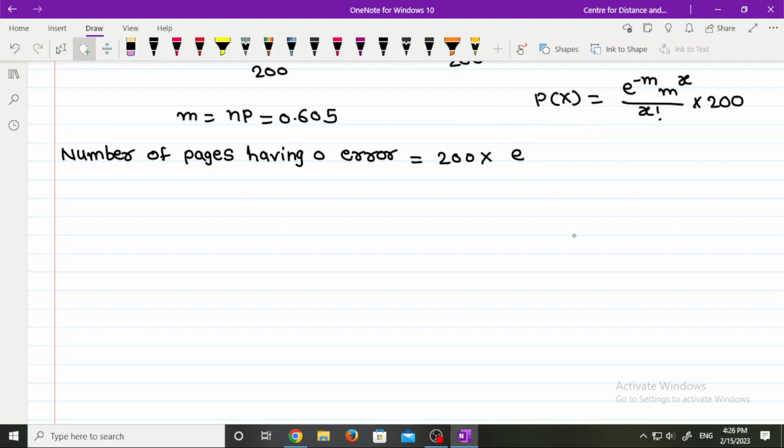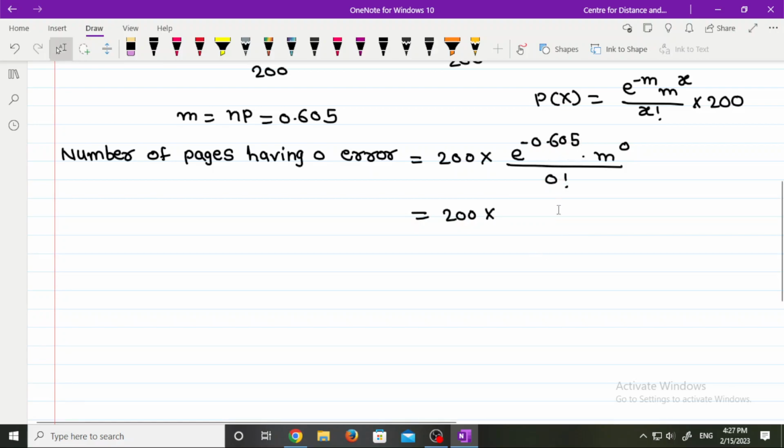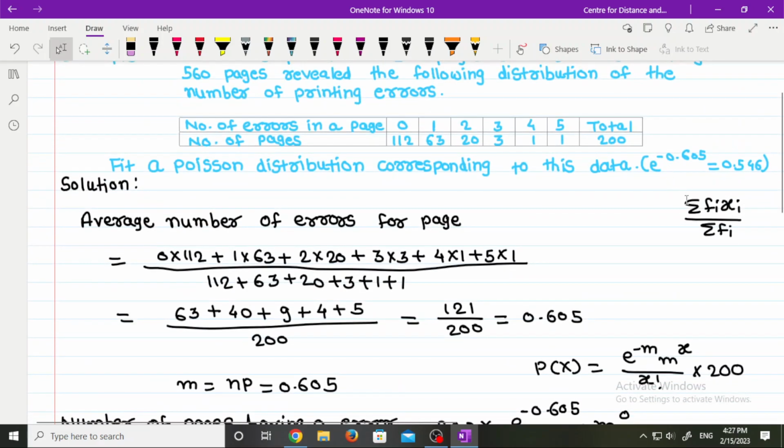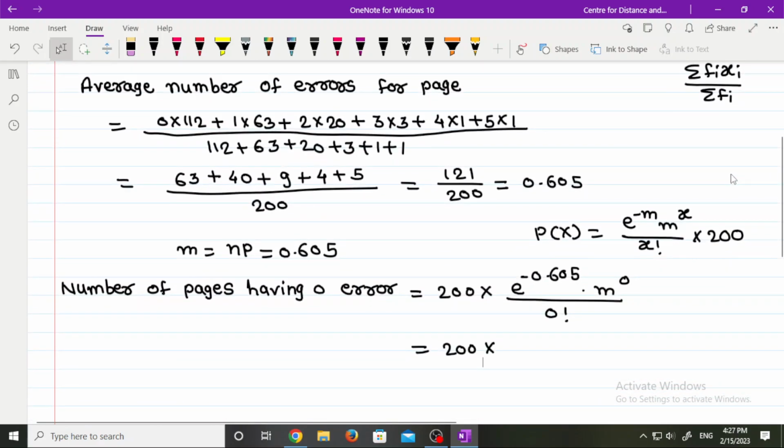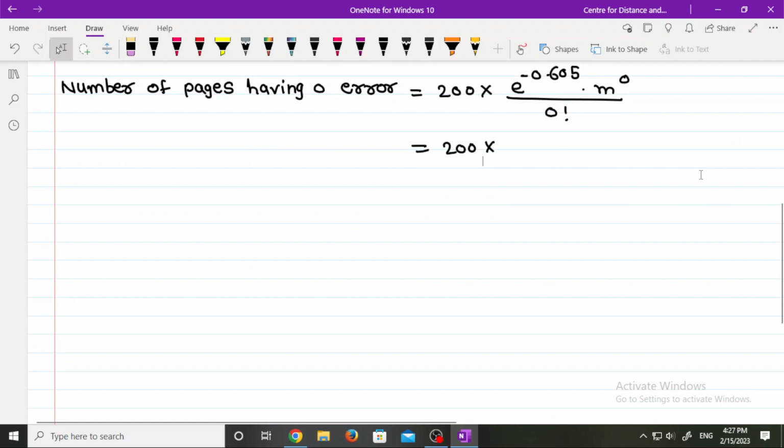So, we get e raised to minus m, that is minus 0.605, into m raised to 0 divided by 0 factorial, which is equal to 200 into e raised to minus 0.605, which is given as 0.546, into m raised to 0 is equal to 1 and 0 factorial is equal to 1.